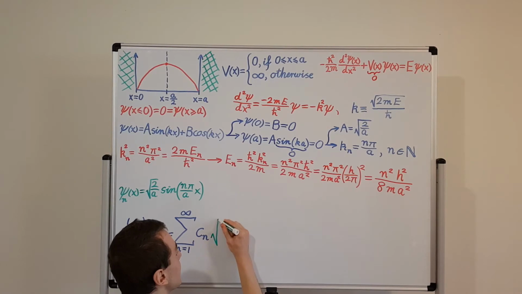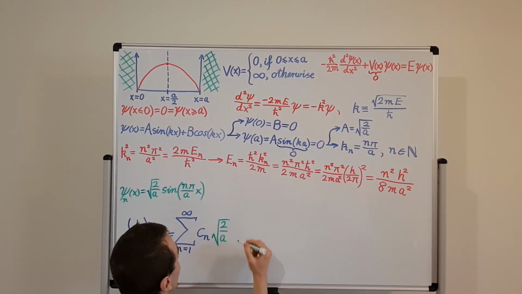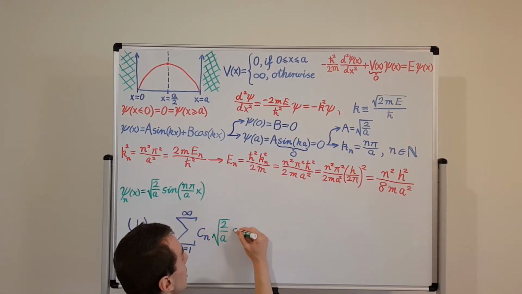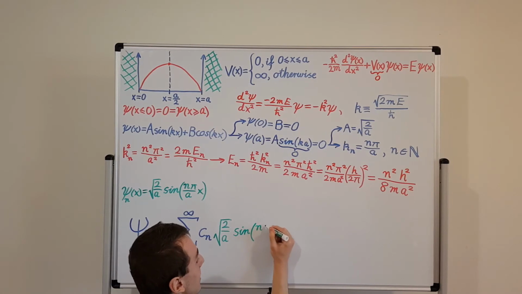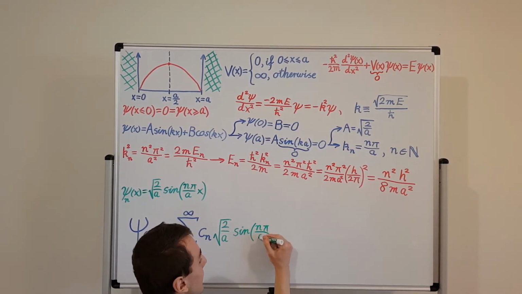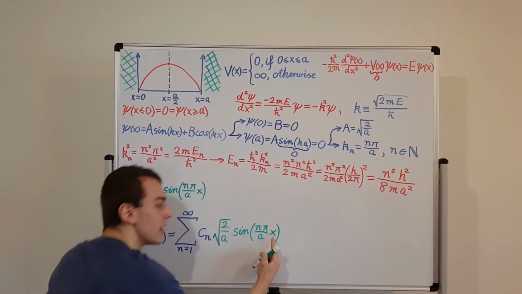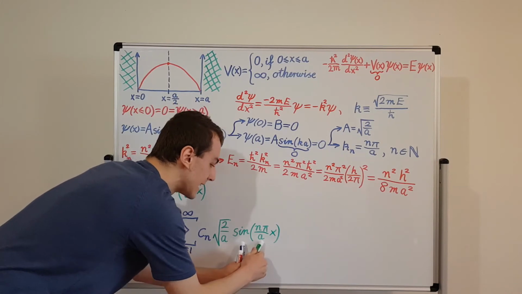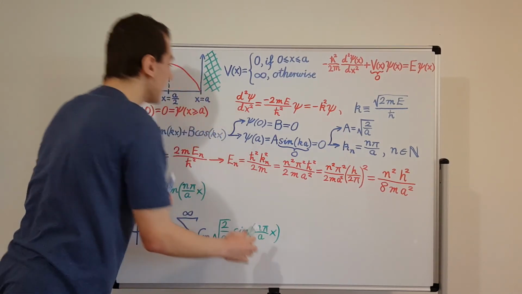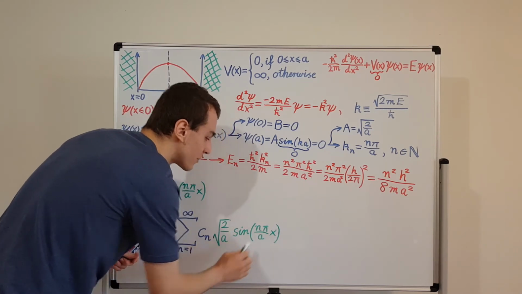I'm going to have this normalization constant, 2 over a, and then multiply it by this sine function: sine of n pi over a times x. You can see that the units work out because x has units of length, that's the position coordinate, and a also has units of length. A is the length of the box. So the lengths cancel out, we're just left with n times pi.